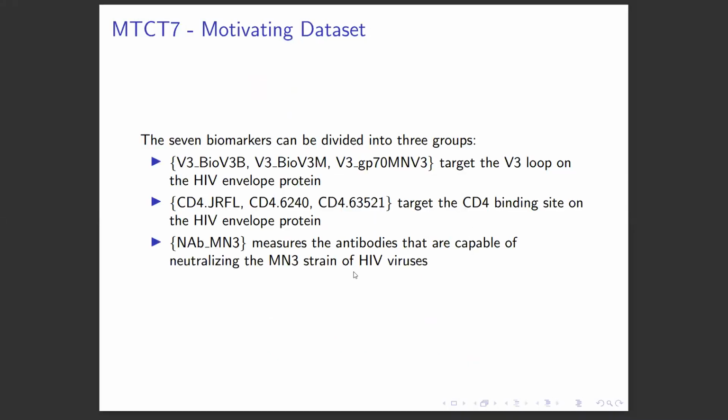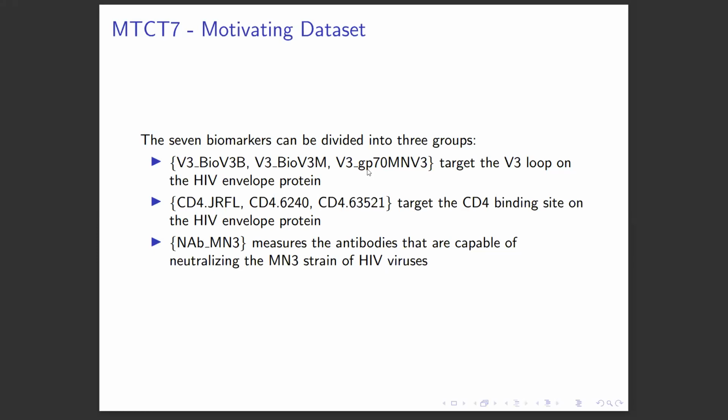And in this data set, we have 7 biomarkers, and we can group them into 3 groups based on the area that the antibody is binding to on the envelope. These biomarkers measure the abundance of antibodies.